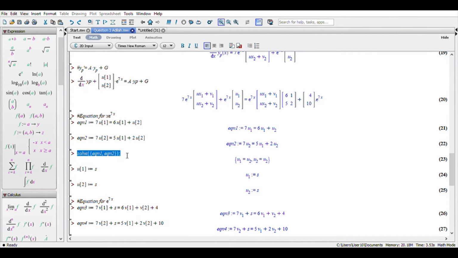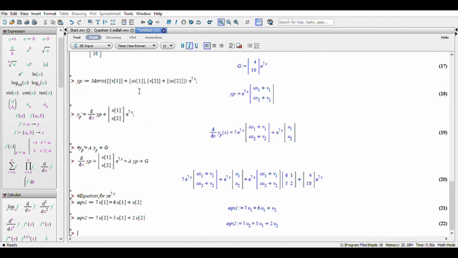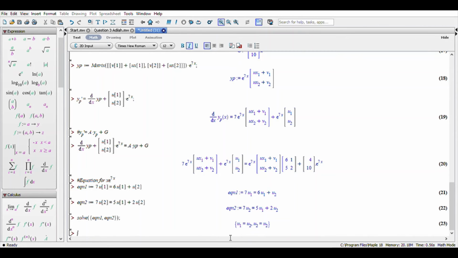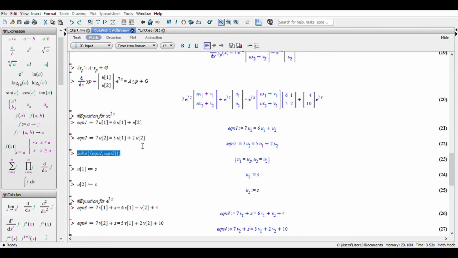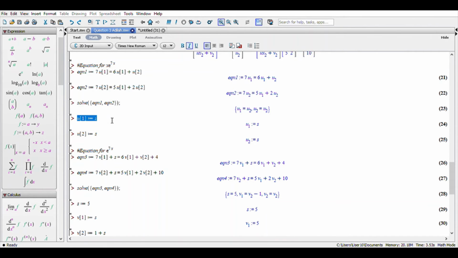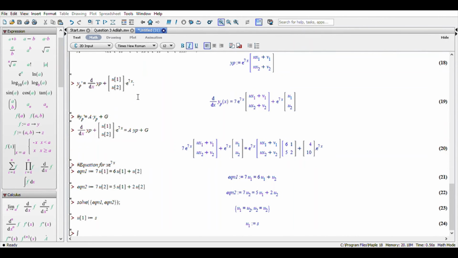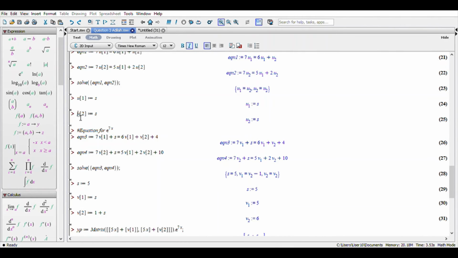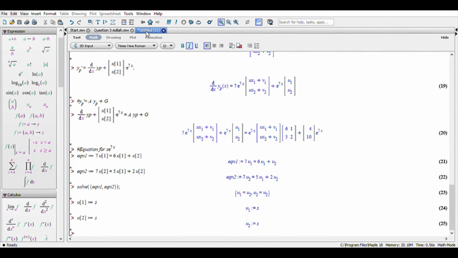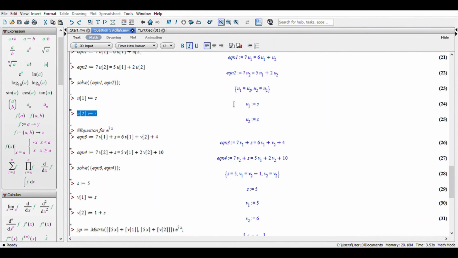And then we have to solve it, and we get u1 equal to u2 and u2 equal to u2. Then we state the value of u1 is equal to s, and u2 equal to s. That means it's going to be 1, 1.